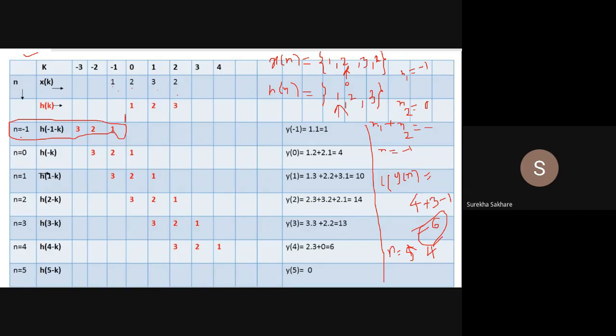And now just check what is the starting. What is my starting? My starting is n equal to -1. So where is the -1 to be inserted into the notation of h[-k]? -1 minus k means it is going to be added with the value. It means what? If it is -1 means it is going to move towards the left. See, if in this position -2 I am adding -1, it becomes -3, is it not?